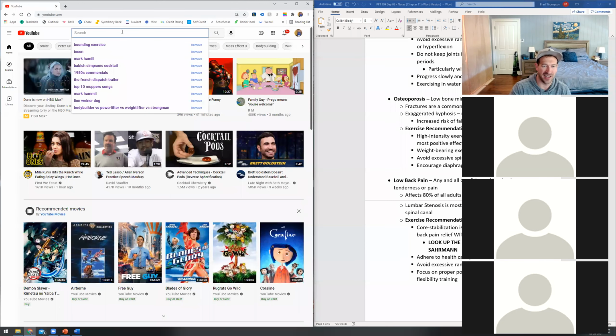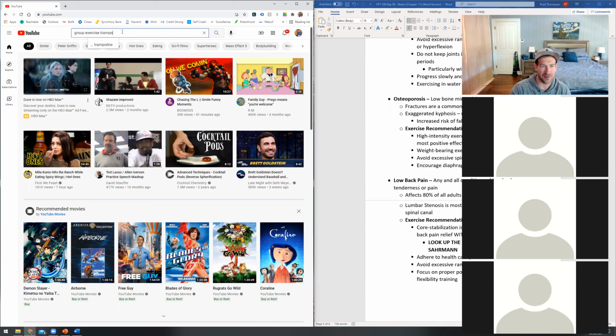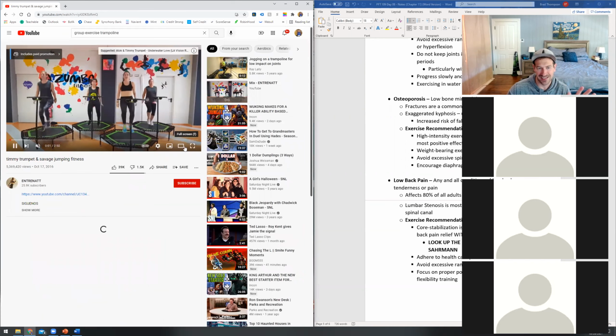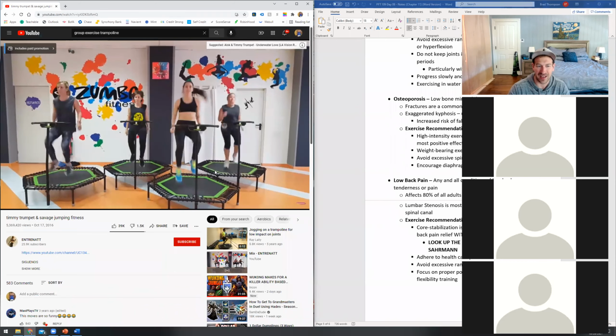Check this out. Group exercise trampoline. So this is a group exercise trampoline class. This is a separate certification. It's like a Zumba style thing that you can get.